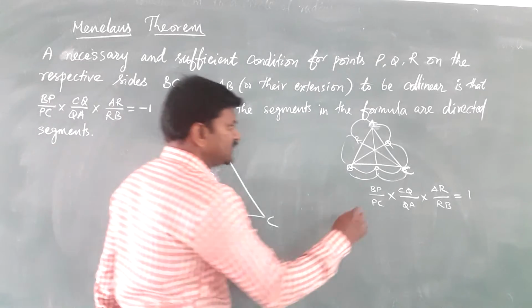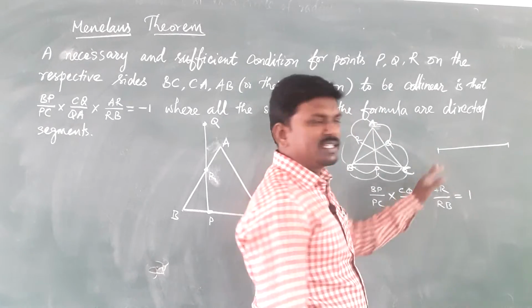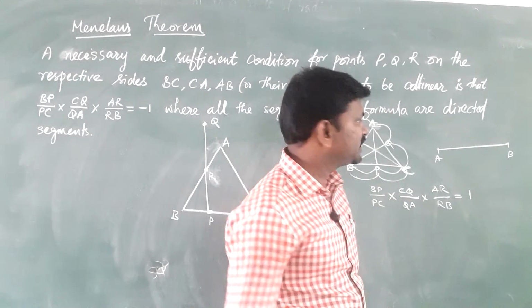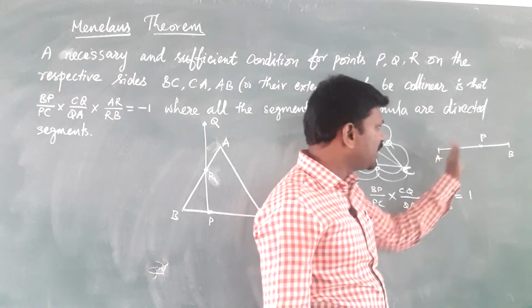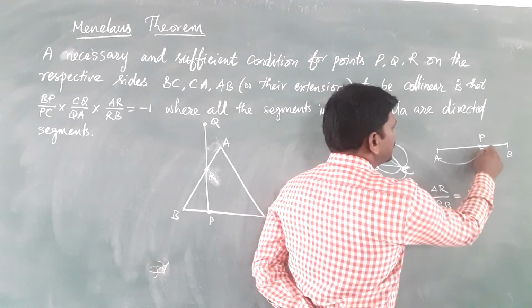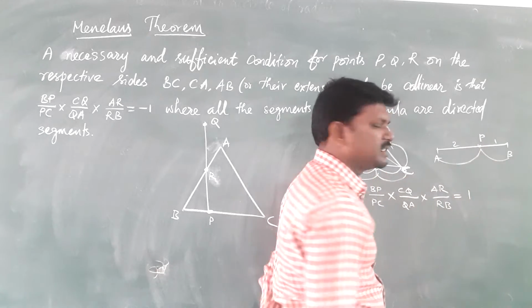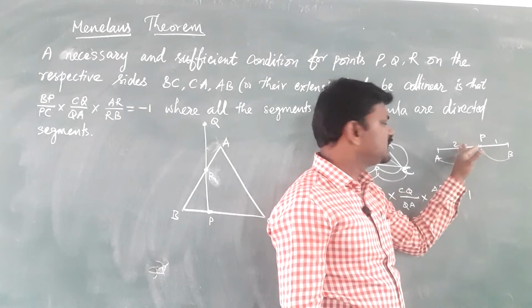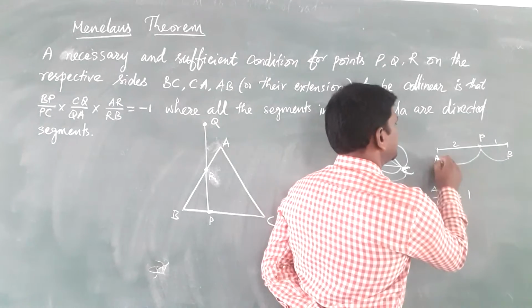One more thing you have to understand: AB is a line, and point P divides the line segment AB internally. Suppose P divides the line AB in the ratio 2:1, how will we write it?